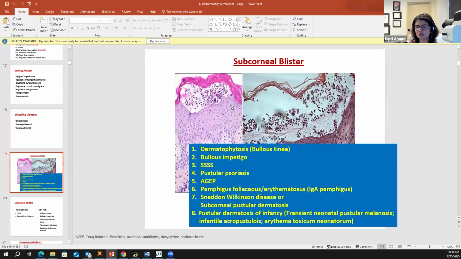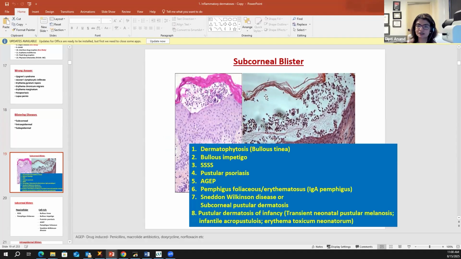So subcorneal blisters are the most superficial, and very often, you may not even think that they are blistering diseases because they may just appear as erosion and crust. They are superficially located. So even histologically under the microscope, sometimes it is difficult to perceive them as a blister, and we will discuss that.